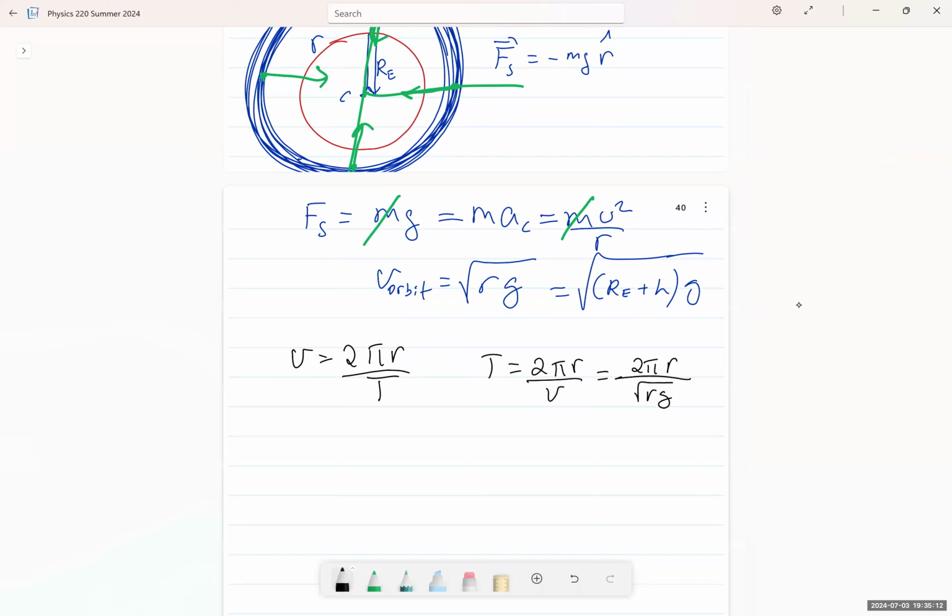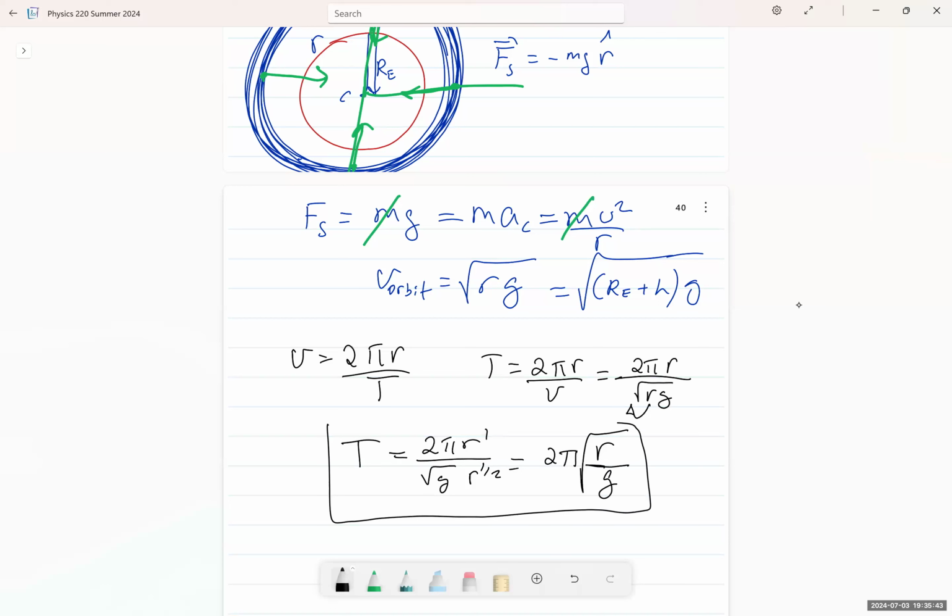And then one thing I can do here is, we can remove this from here, because I can say T is equal to 2 pi r over square root of g times r to the power of 1/2. This is r to the power of 1. And then just add them all together, and it's going to be then 2 pi times square root of r over g. So this will be the period for the orbit.